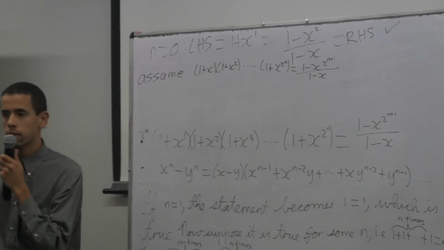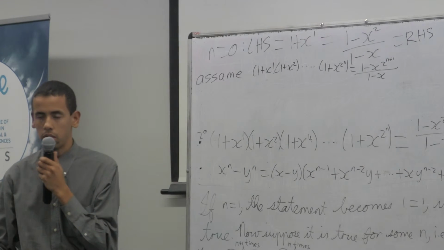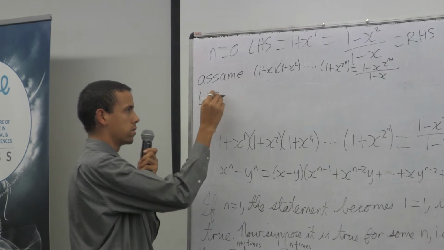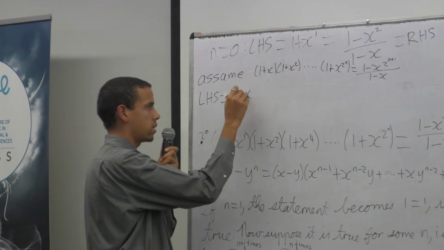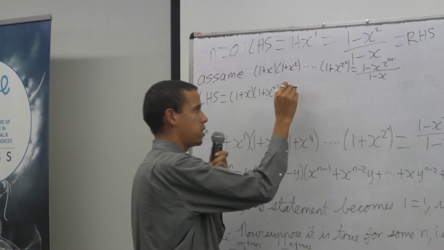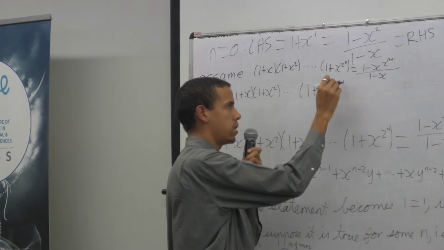Okay. So now we want to prove the same for n plus 1. So we start with the left-hand side, which is 1 plus x times 1 plus x squared, up until 1 plus x to the 2 to the n plus 1.